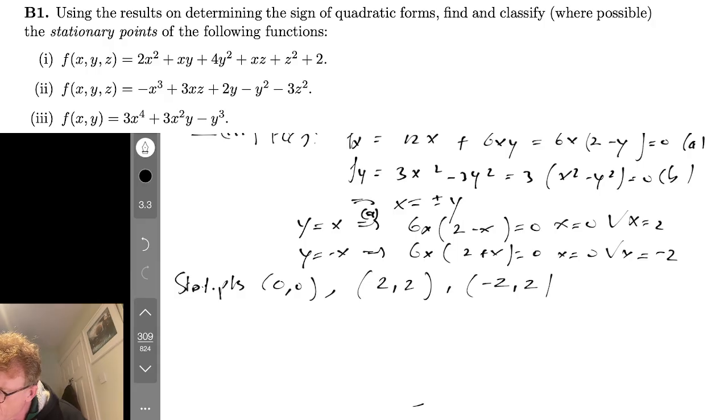I started forward, right? 12x to the third, yes. Oh, that was stupid.